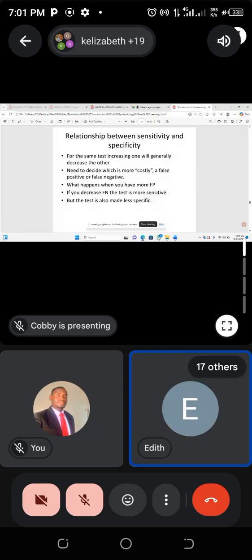Okay. The false negatives, sir. The false negatives. Why? So what is wrong with that? In case someone comes to the clinic and is diagnosed wrongly, they are given a negative instead of a positive, which means those people will not be treated.